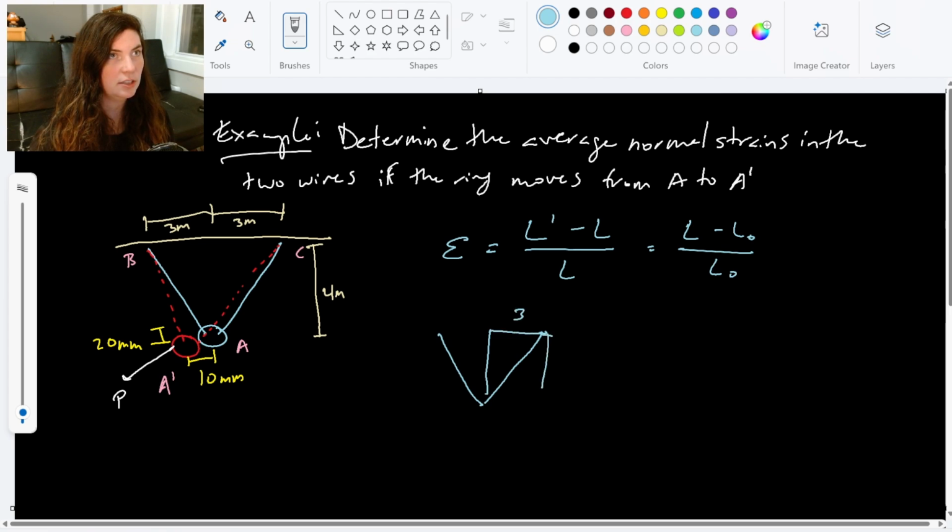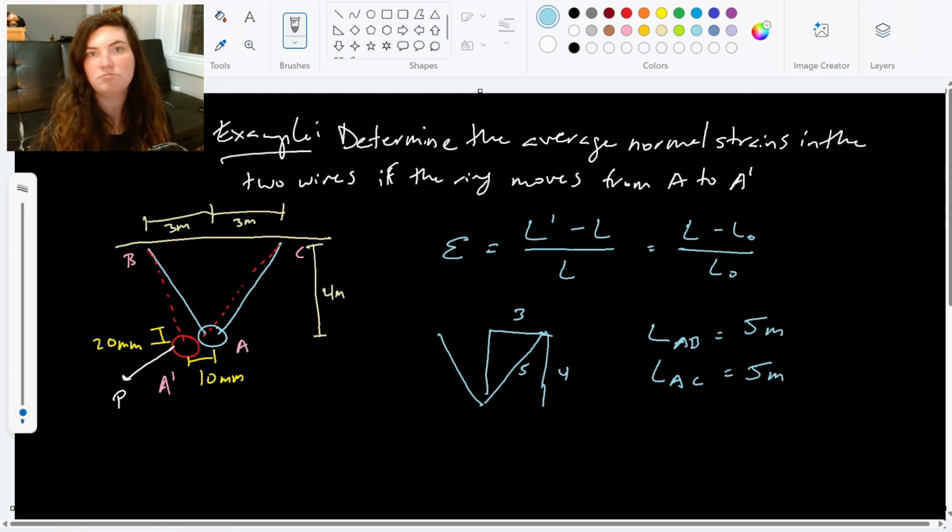This distance here is 4, giving me this nice 3, 4, 5 triangle. So my initial length for AB is going to be 5 meters, which is the same as my initial length for AC. Easy enough, we have half of the lengths just from that prompt there.